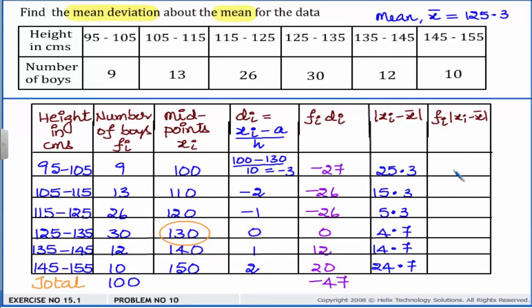In the first column we will be getting 9 into 25.3, which gives us 227.7. Likewise, we can calculate for the remaining data. Now let us find out the summation of fi into modulus of xi minus x bar, which gives us 1128.8. Now let us write this data at the end.